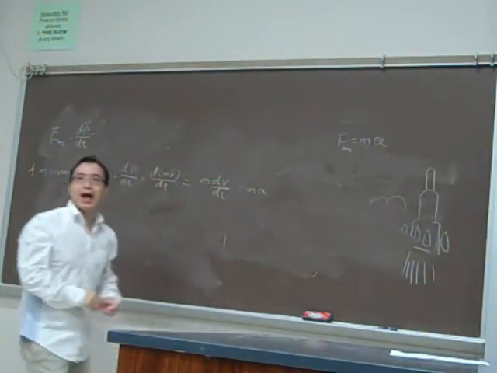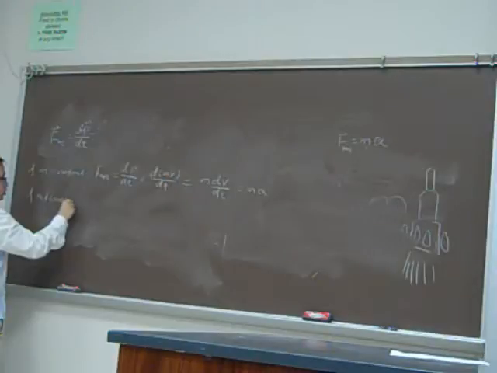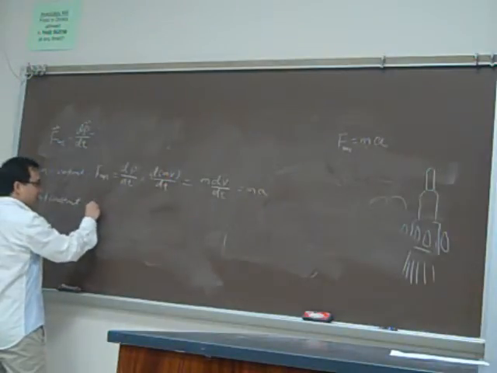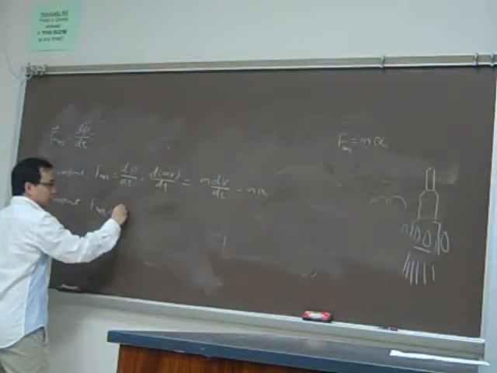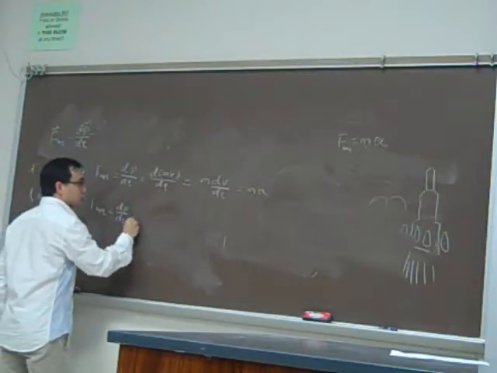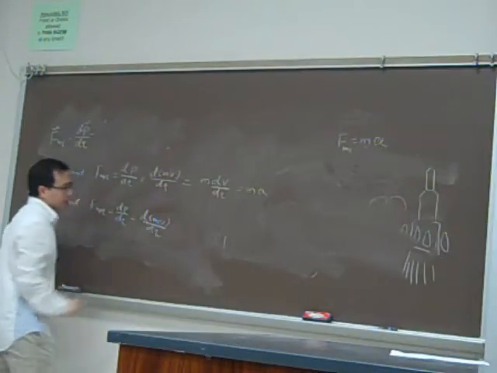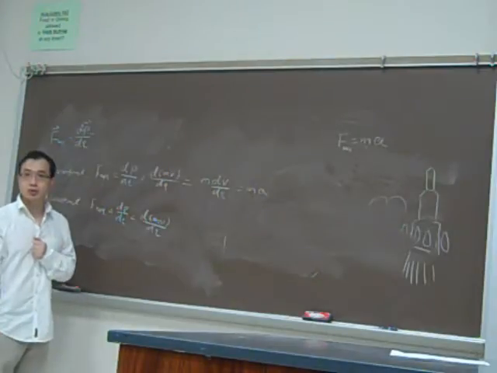But now let's see what happens if m is not a constant. Then let's do the derivative. In this case, F net equals dP over dt equals d(mv) over dt. Now this time, both the mass and the velocity will be functions.